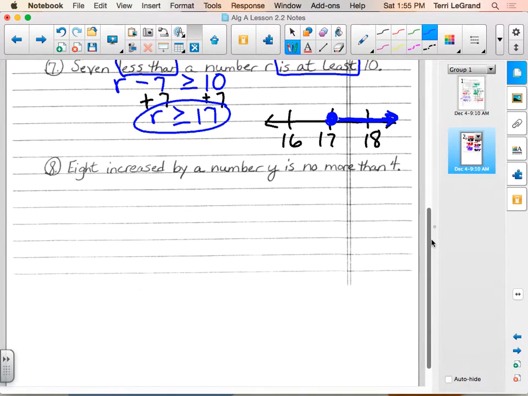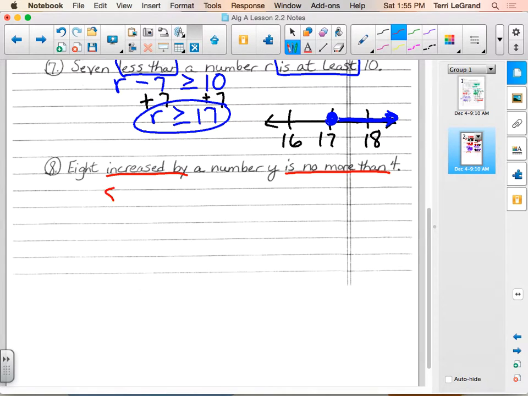Okay, so we have 8 increased by a number, y, is no more than 4. Okay, so we need to look at these and say increased by, that would be our operation, is no more than would be our inequality symbol.